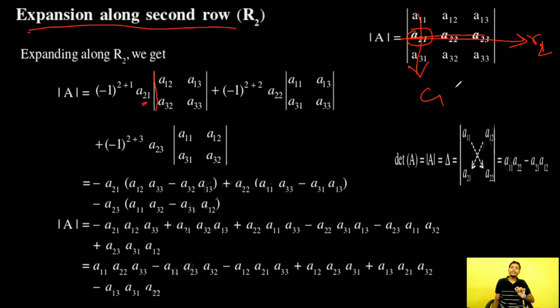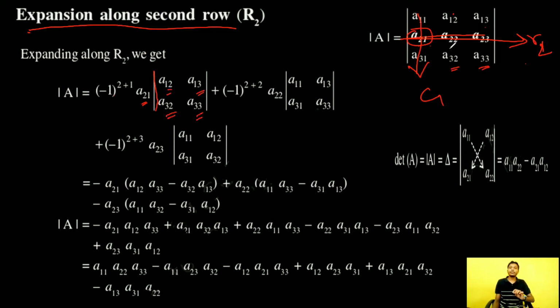We will leave the elements of C1 and R2, and the remaining elements obviously A12 and A13 and A32 and A33.